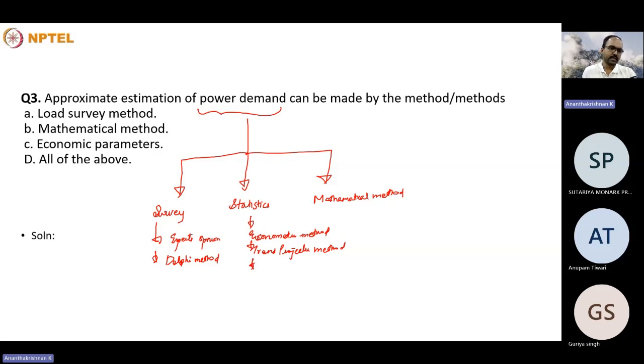It is similar to the forecasting that we would see in the IM and OR regression methods. Mathematical methods, such as time series analysis based on past data, can be one method. So all of these can be useful tools by which we can calculate the power demand.